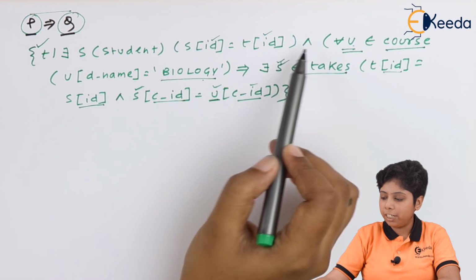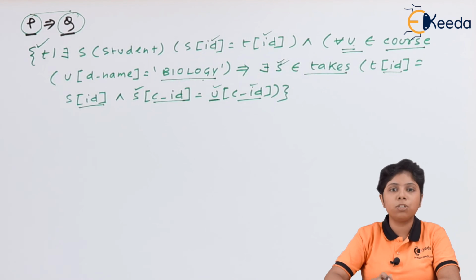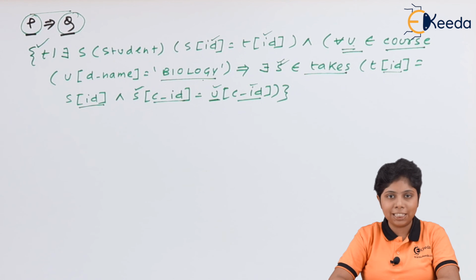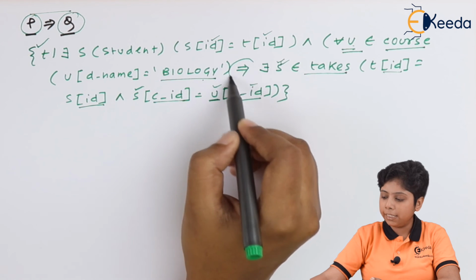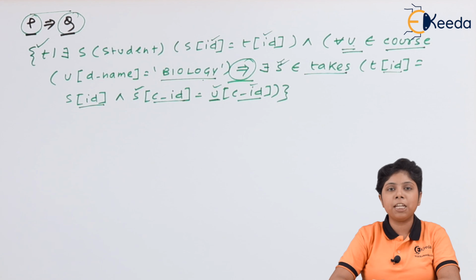So first we are checking the biology department course, fetching the details of the student and checking that the details of the student are satisfied only if it belongs to a university takes relationship. So that is why we have used the implication sign in this type of query.